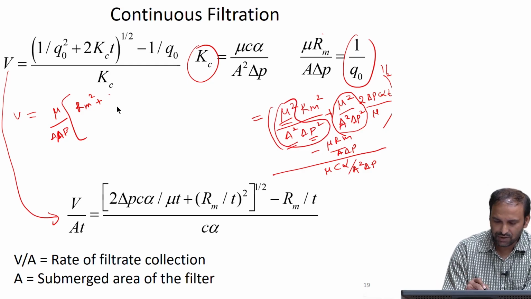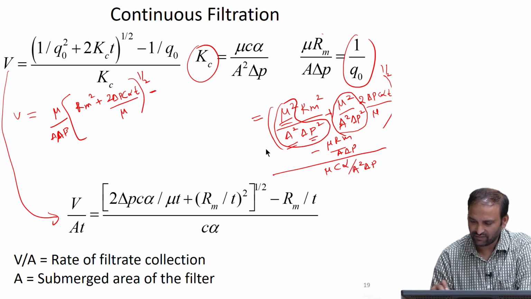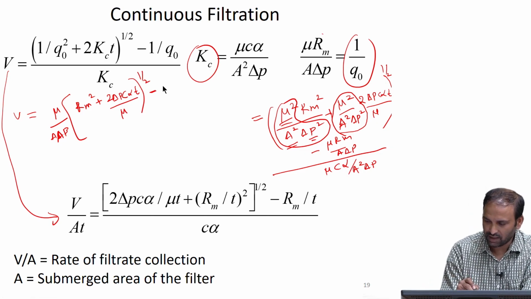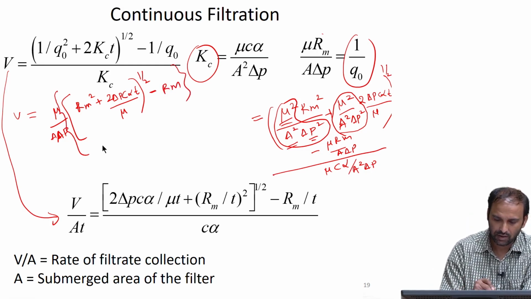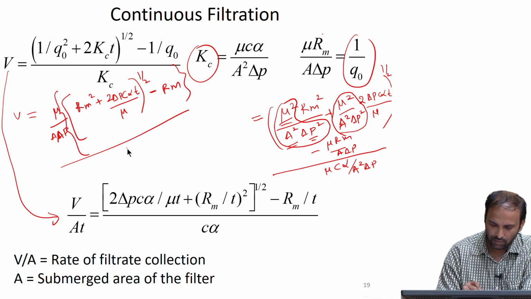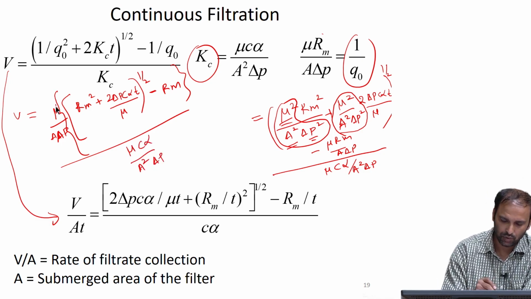That becomes 2 times delta p c alpha t divided by mu to the power of 1.5, minus, again I have taken mu A delta p outside, that becomes r m, divided by mu c alpha divided by A square into delta p. So, I am going to cancel mu here, I am going to cancel delta p as well, and one of the A also gets cancelled.